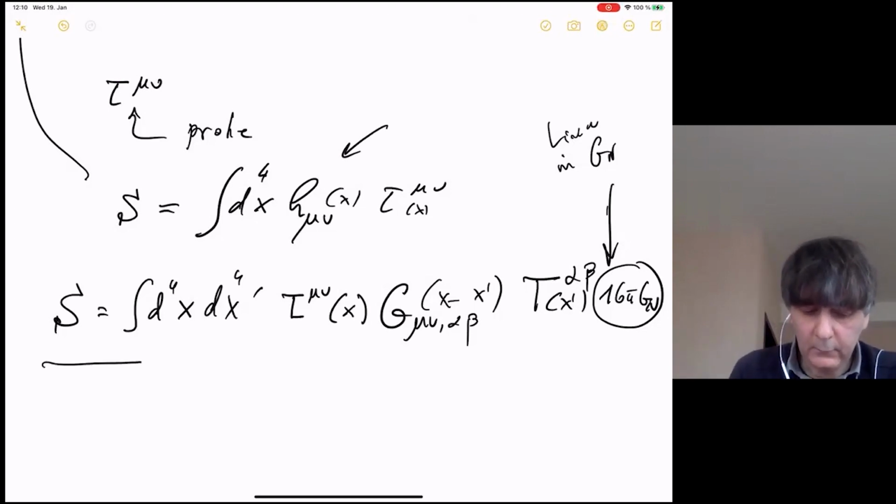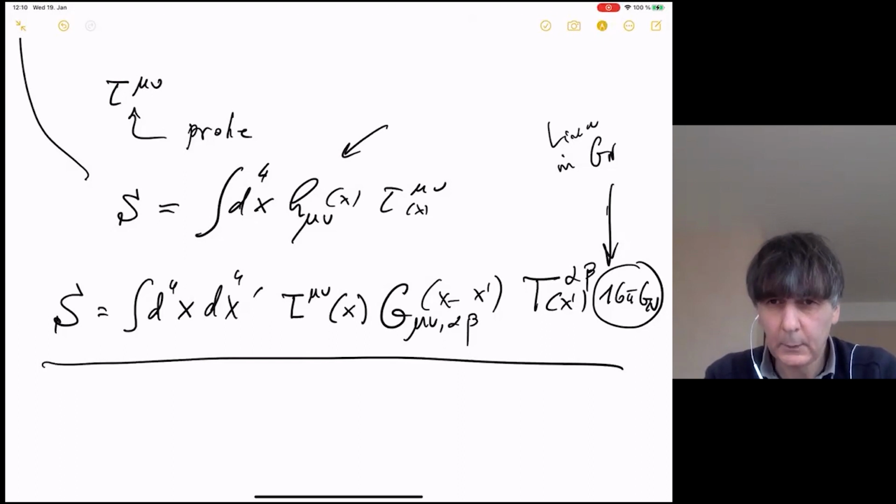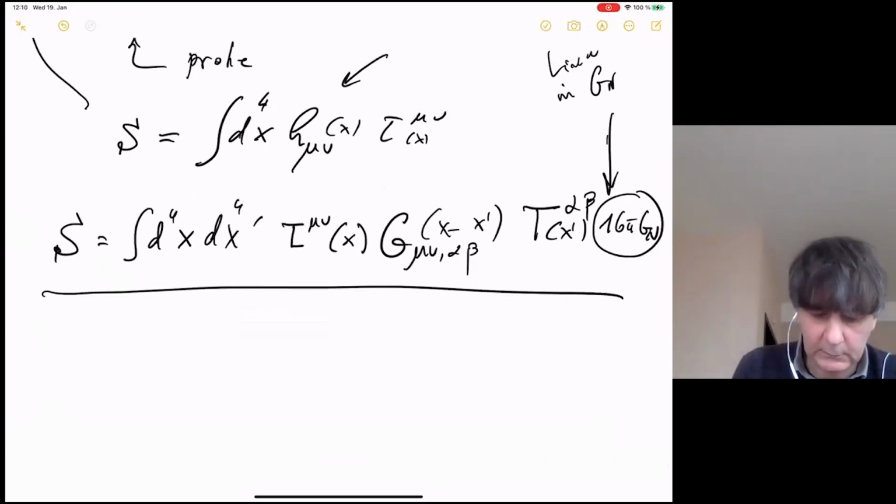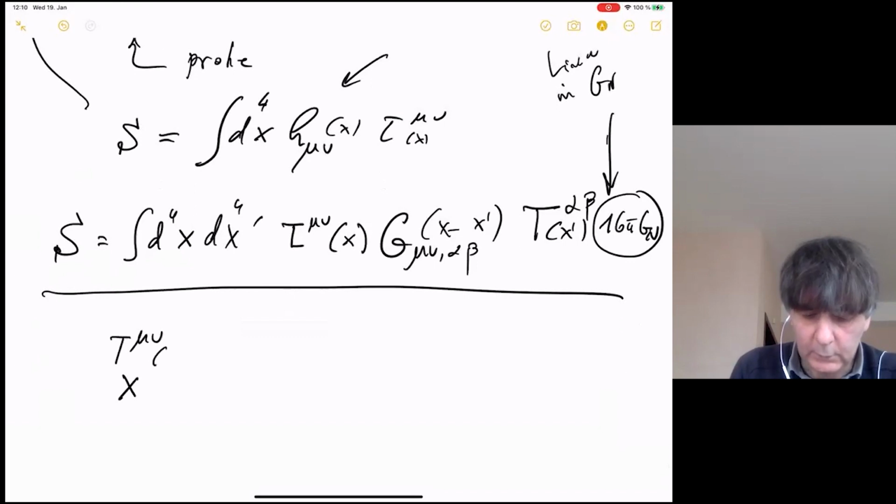Or we can understand this in the language of one graviton exchange, okay? Because this expression is one graviton exchange between a source and a probe.